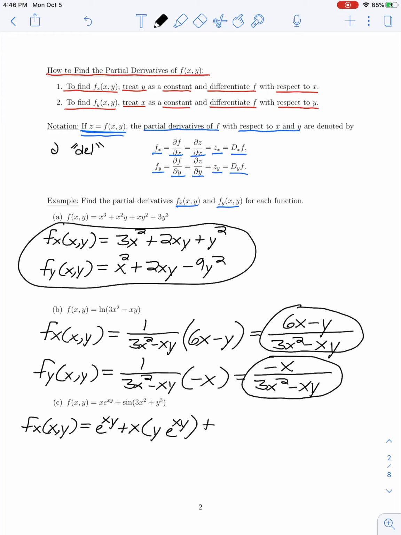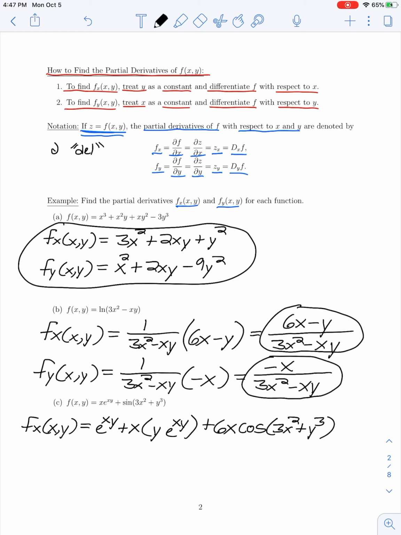Then we would add, well, the sine of this polynomial term, since it is a composite function, requires the chain rule. So the derivative of sine of a function would be given by cosine of that same function. And then by the chain rule, we have to multiply by the derivative of the inner function with respect to x, which would be 6x.